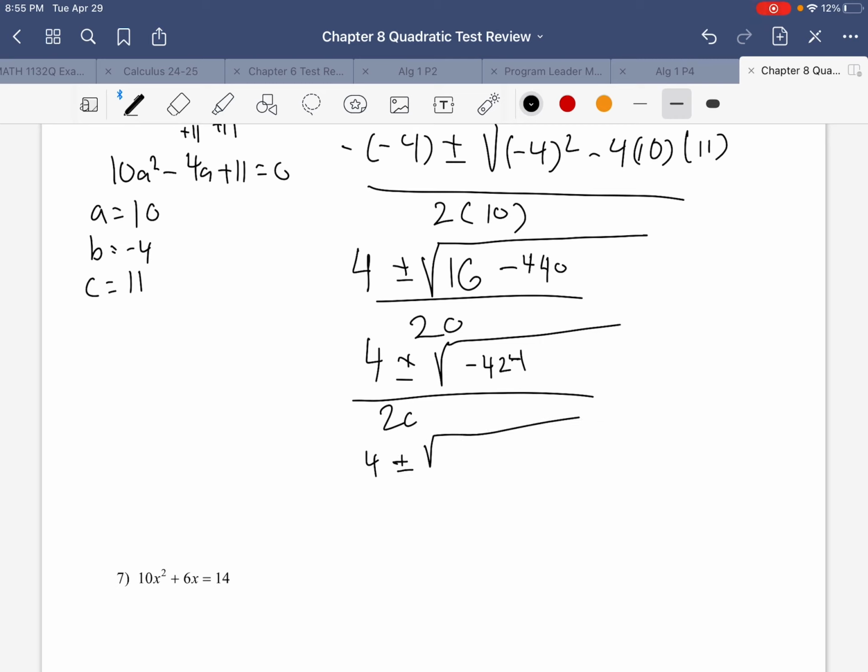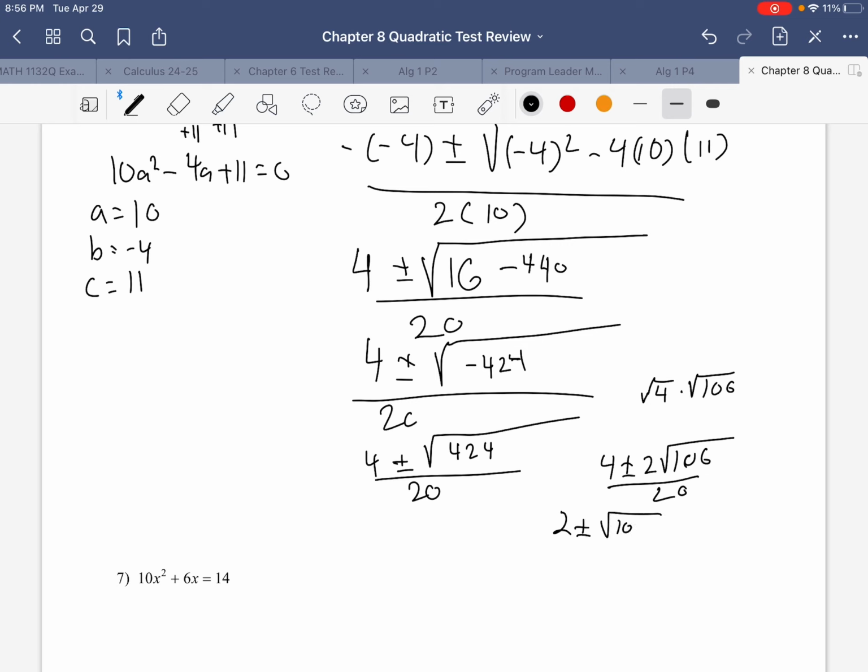I know this is negative, but we'll pretend it's positive for a second because you guys aren't going to have complex examples. 424 divided by 4 is going to be 106. Now the square root of 4 times the square root of 106 would look like 4 plus or minus 2 square root 106 over 20, or 2 plus or minus the square root of 106 divided by 10.